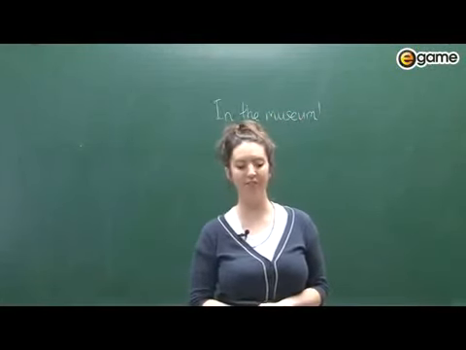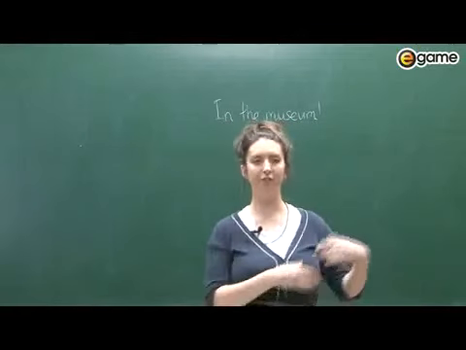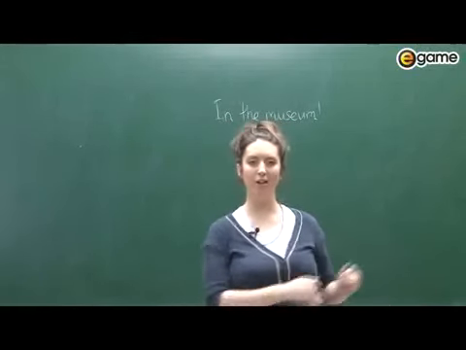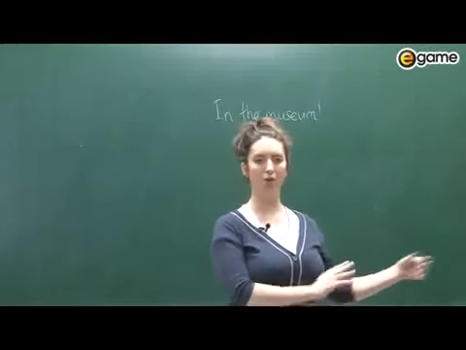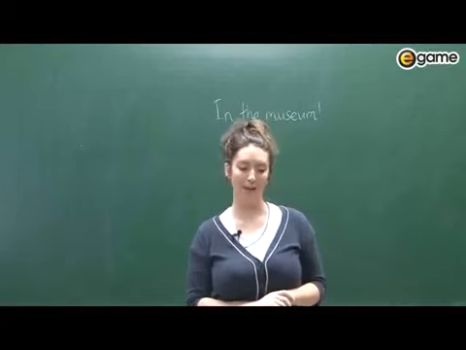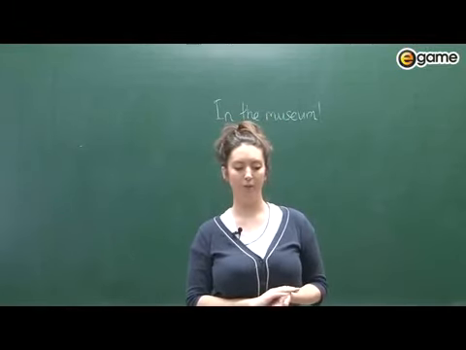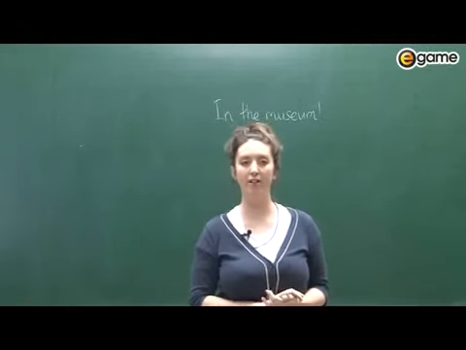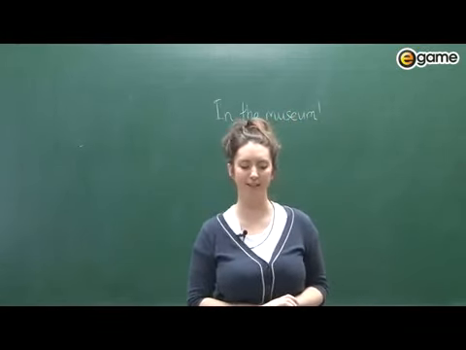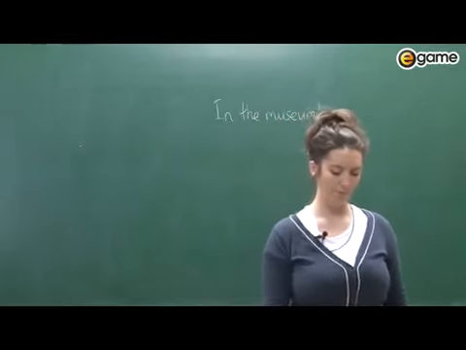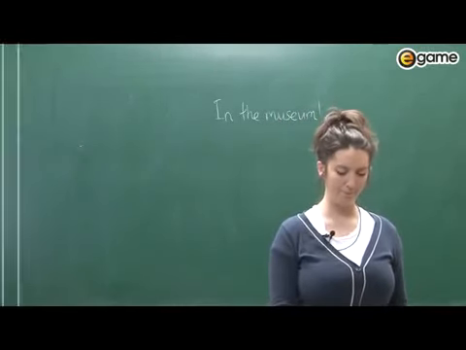Okay, so positive, there were lots of, some. There were some funny trains. There were lots of planes. And for there weren't, the negative, any. There weren't any planes. Okay?